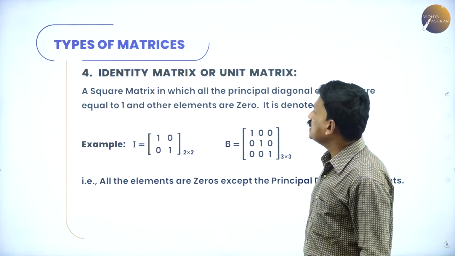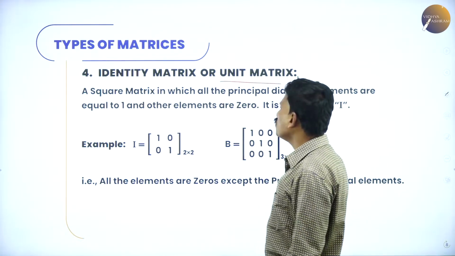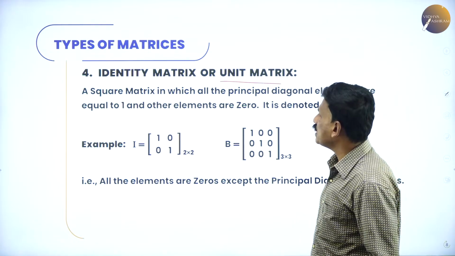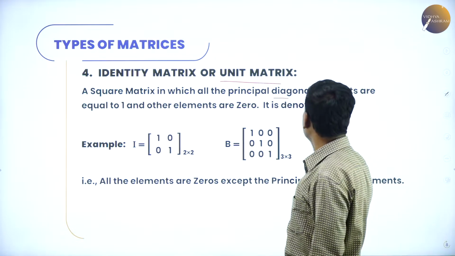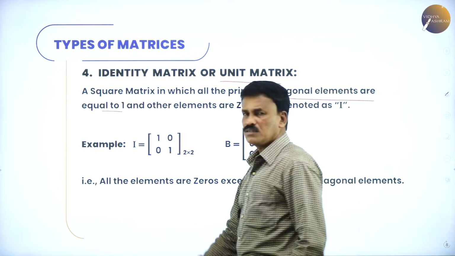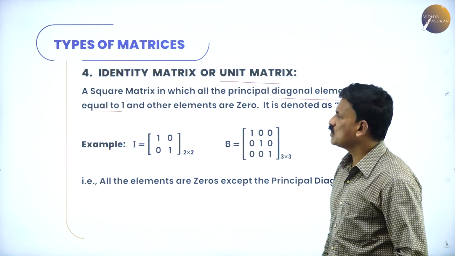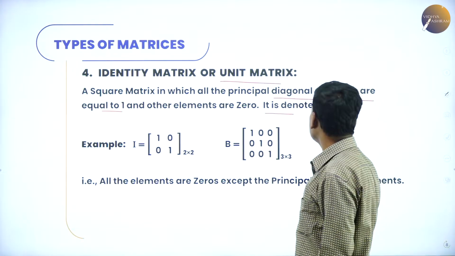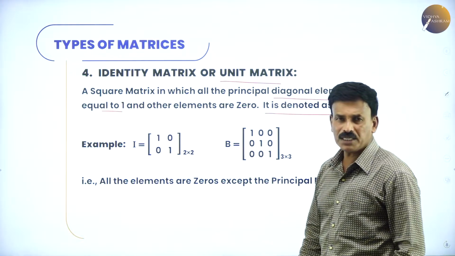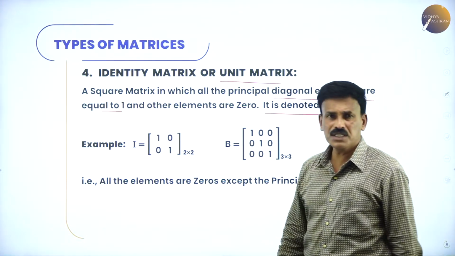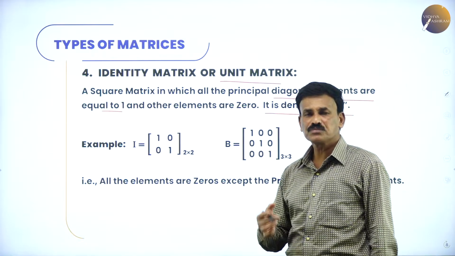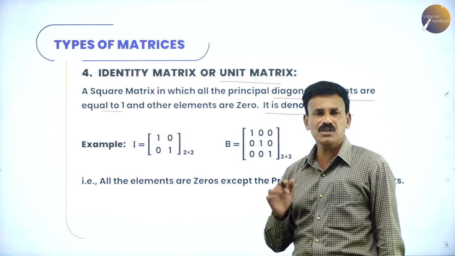Now, identity matrix, or it is called a unit matrix. A square matrix in which all the principal diagonal elements are the same. If all the principal diagonal elements are equal to 1 and other elements are zeros, then it is called an identity matrix and denoted as I. Or it is a scalar matrix in which all the diagonal elements are equal to 1.